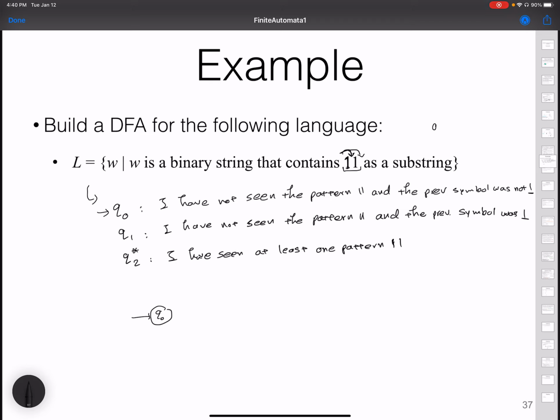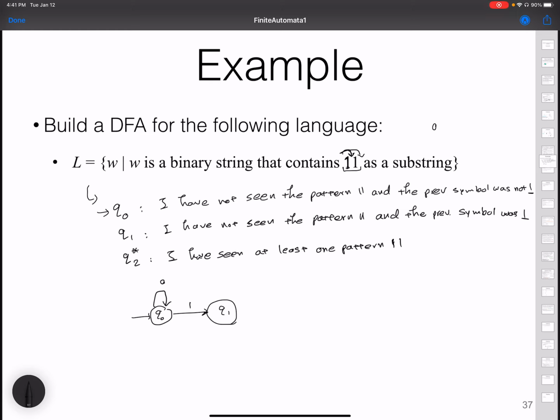If at Q0 you see a 0, it means that you haven't seen 1, 1, and you haven't seen the 1, so it would result in staying at the same state, right? But if you are at Q0 and you see a 1, you can go to state Q1, right? Because it basically means that you haven't seen the pattern 1, 1, but the previous symbol that you saw is a 1.